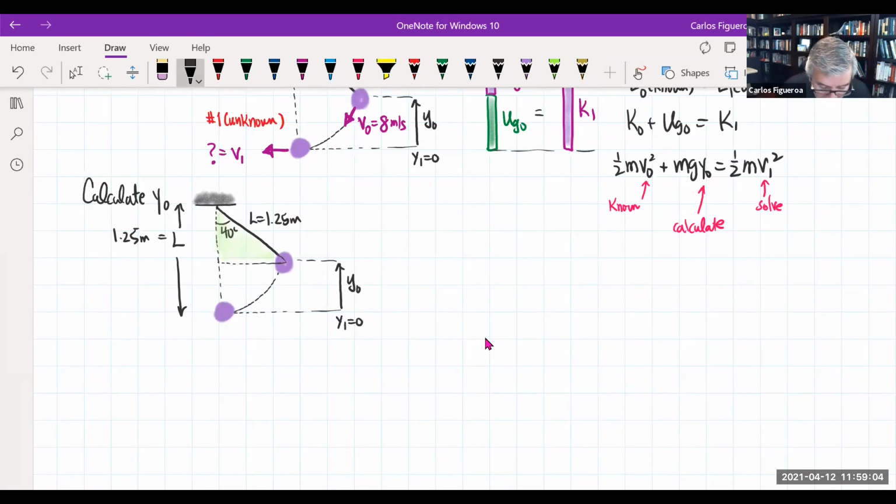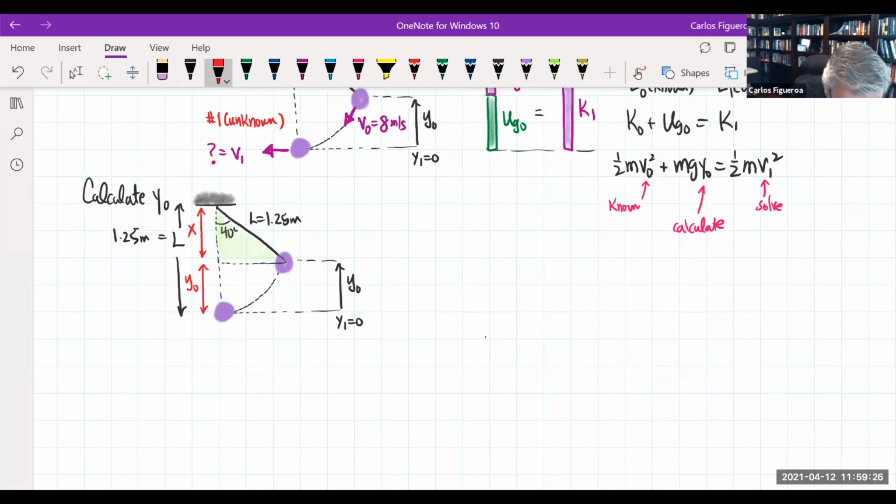And what you're going to see here is that there are two distances that we want to pay attention to. Well, we know the height of the bob. We already defined that as y initial. And I'm going to define a second distance from here to here, which I'm going to call x.